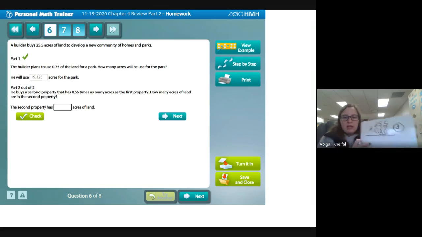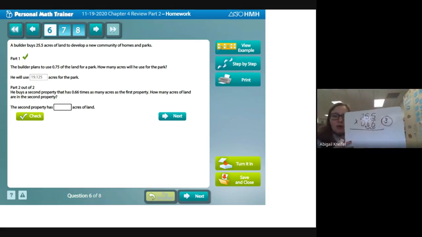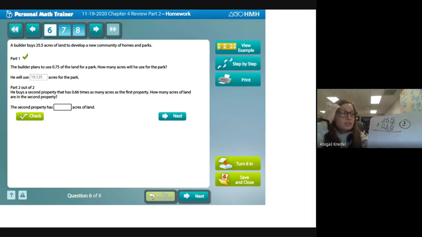Okay, so let's do that again, because I see lots of people with their eyeballs not really looking at the screen. So we're going to do this part again, okay? So this is the problem we just did, which was 25.5 times 0.66, okay? Because we know the second property has 0.66 times as many acres as the first property.